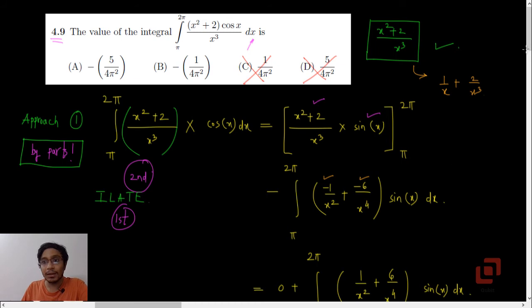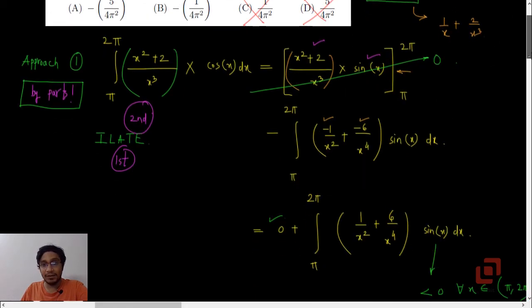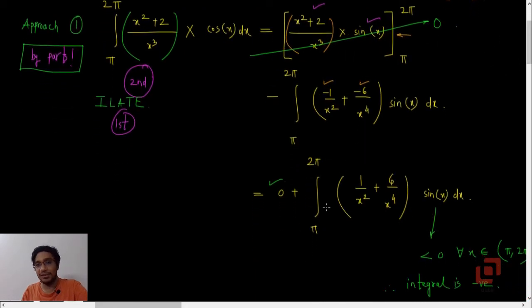Now if you see the first part here, no matter what value the rational function takes at 2 pi and pi, because sine 2 pi and sine pi both are 0, this will eventually be equal to 0.